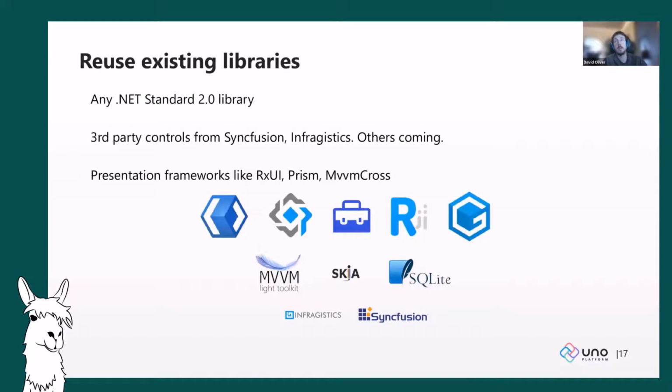There's the Windows Community Toolkit, which is maintained by Microsoft, which is compatible with Uno. There's been control suites for more advanced visualization of data released. Syncfusion released a set of controls, and recently Infragistics released some controls for Uno, and I'll be demoing one of those a little later on.